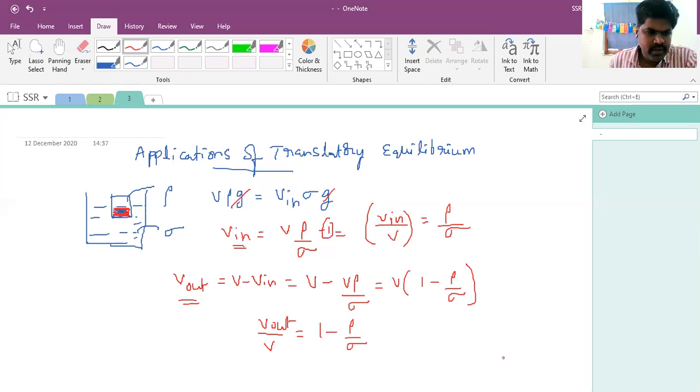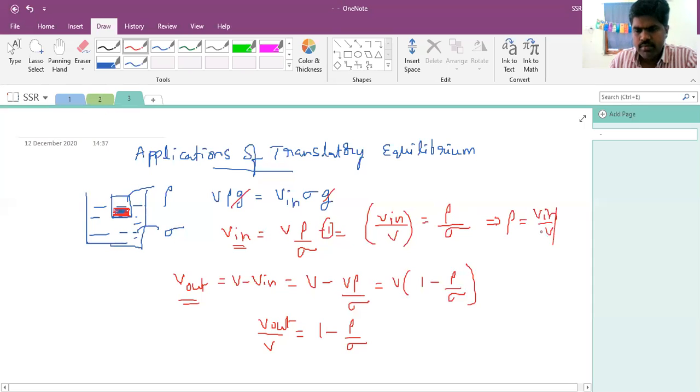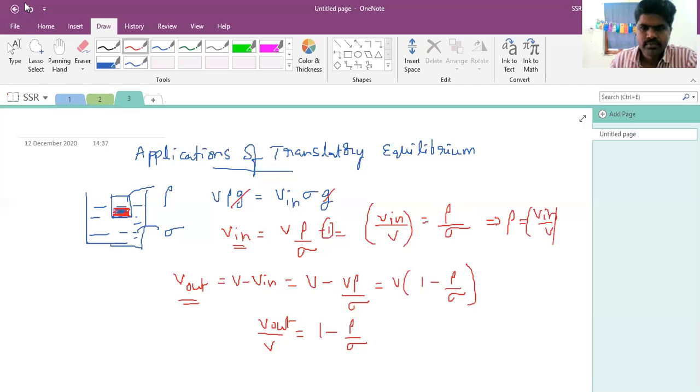The body is floating. We know V inside and V outside by observing. Then you can calculate the density using equation 1. If you don't know the density of the solid, rho is equal to V in by V into sigma.